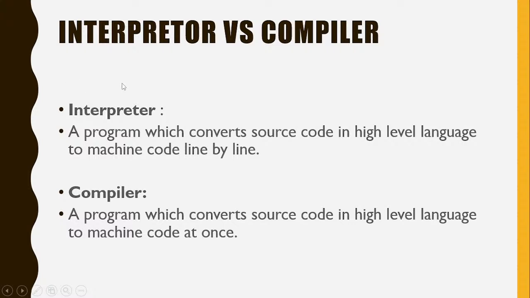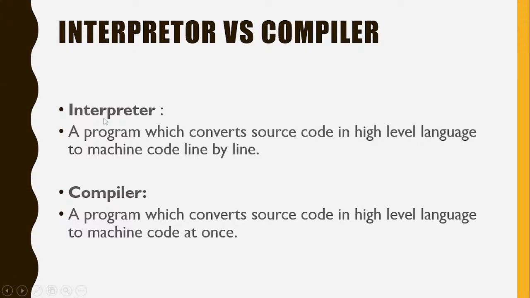Here comes the work of the interpreter and compiler. So in order for a computer to better understand our language, what we say, we need an interpreter. An interpreter is a program which converts our code in a high level language to a machine language.